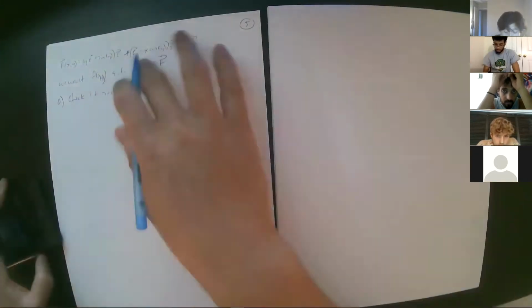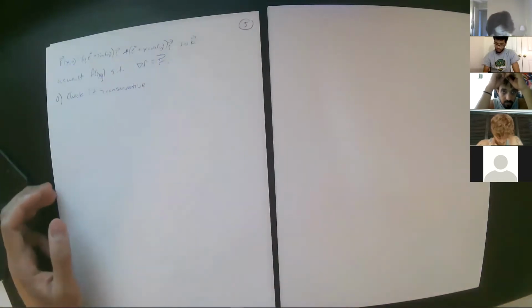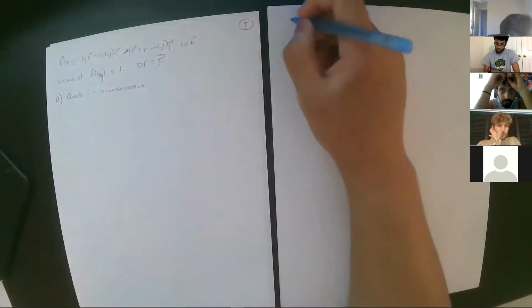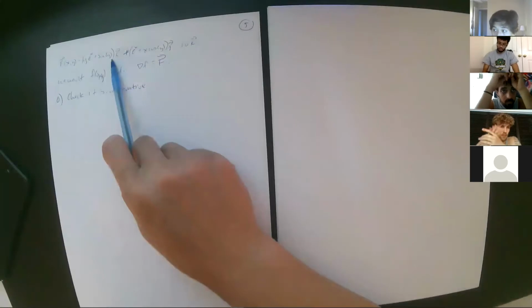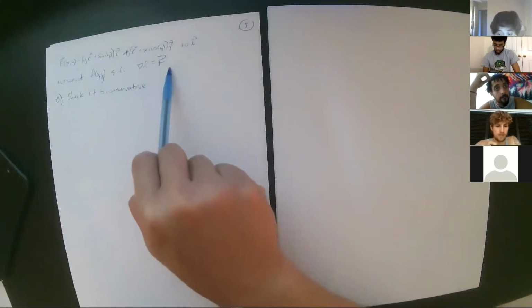Now I have this thing, and I want to find a function f that has this as its gradient.